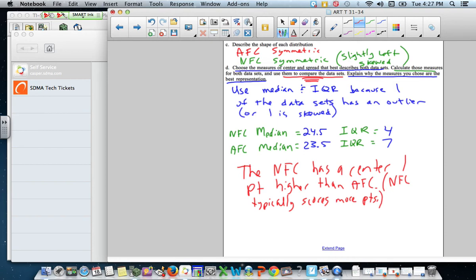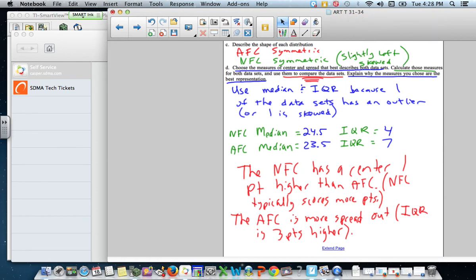You should also compare the spread. The AFC is more spread out. We can see that because the IQR is 3 points higher. So what that means is that the AFC has a lot more discrepancy in the points shown.